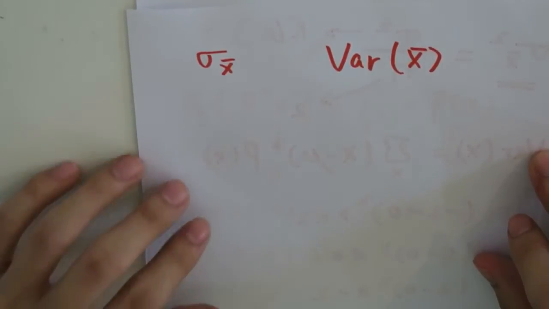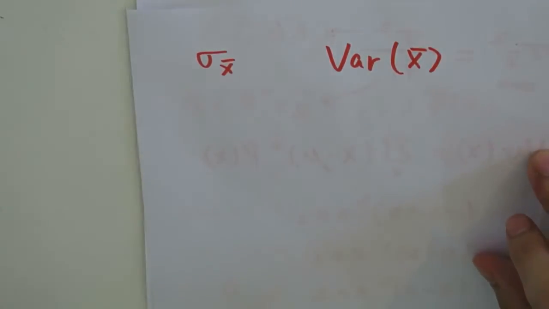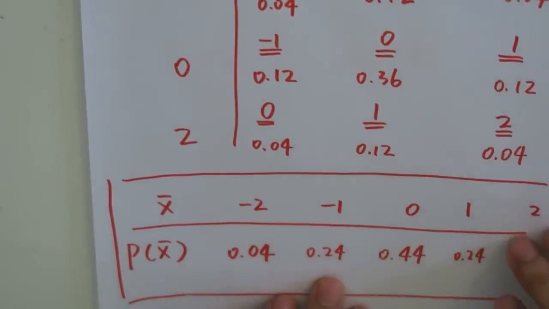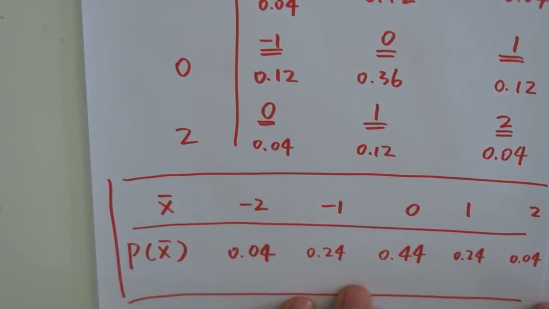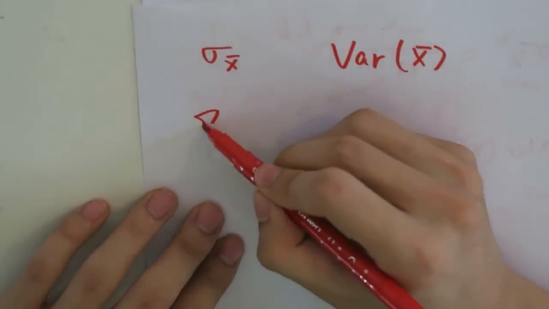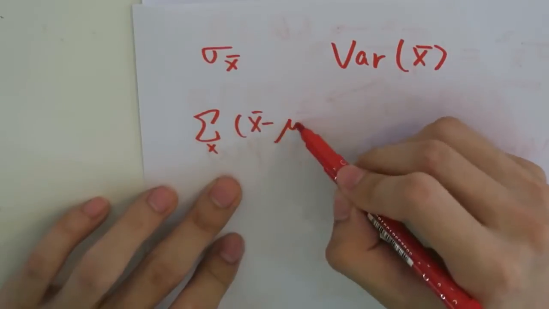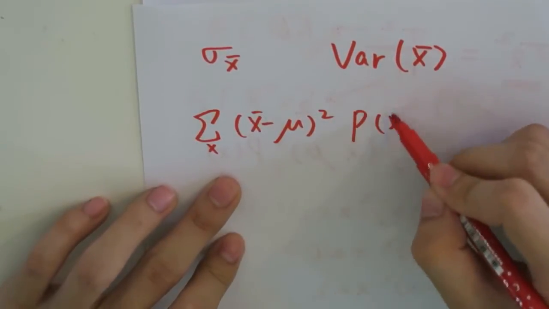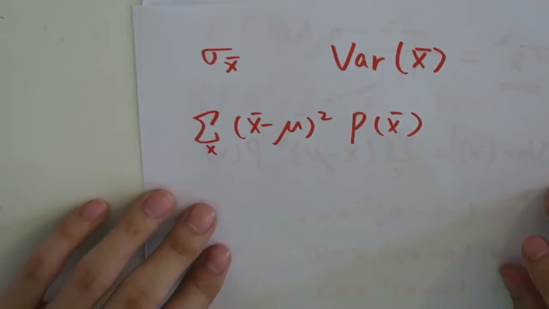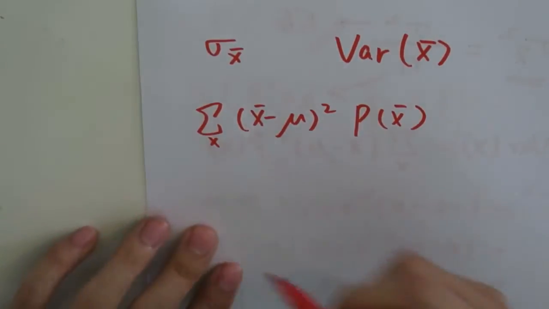So from there, we can derive the variance and also the standard error. This is a distribution of sample mean. By the same formula, we can compute the variance of sample mean. So we substitute these values into this formula.